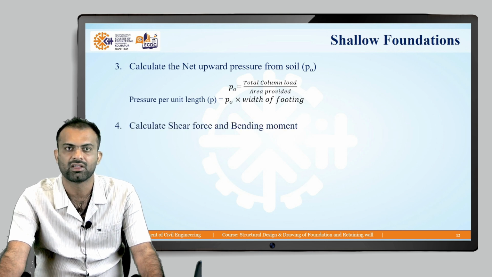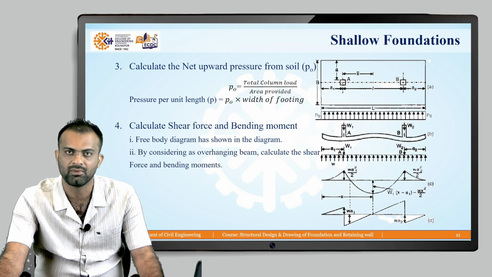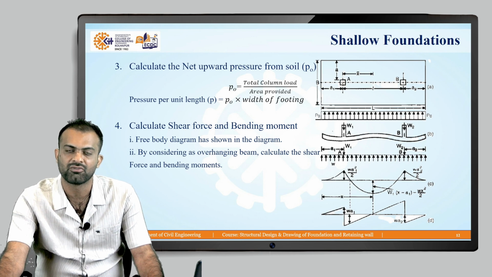Next we are going to calculate the shear force and bending moment diagram. If you look at this diagram, this is a combined footing which is supporting column A and column B. If you draw the free body, the elevation or side view of this footing, this is the bending profile of the footing. Don't take this seriously.